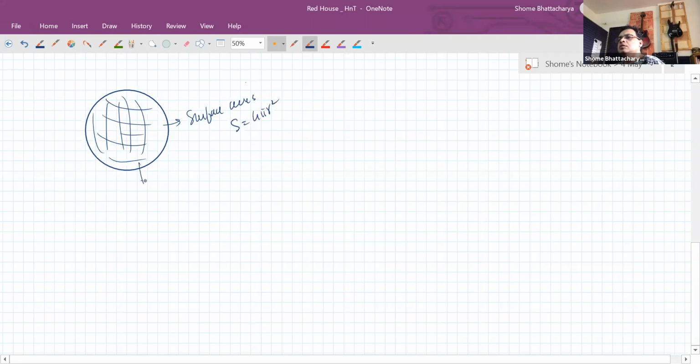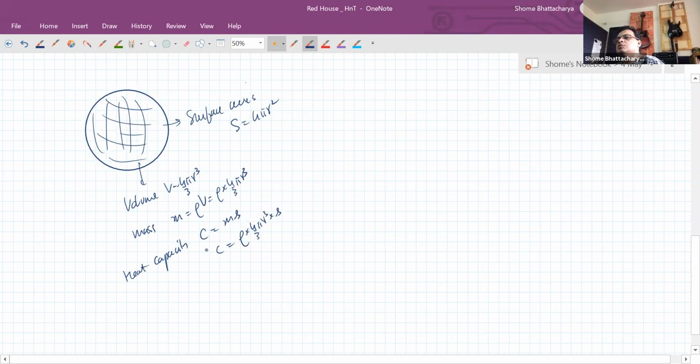The volume will be 4 by 3 pi r cube. So the mass will be density into volume. So the heat capacity will be mass into specific heat capacity. So these are some of the things that you'll have to take into account.